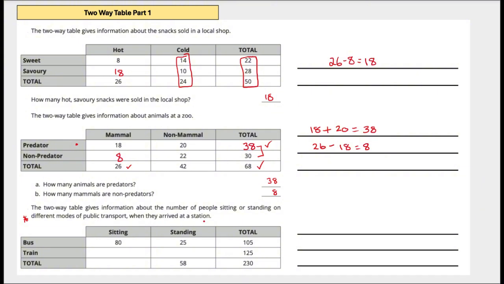Now, there are questions to this, but I thought for this purpose, we'll just fill it in. So let's find out how many are standing on the train first. And that's purely because we've got a lot of information to fill it. Here we haven't got any information, but here we have.